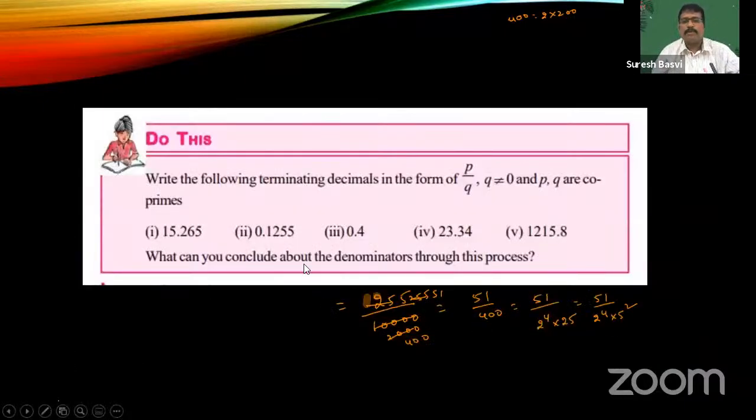So next 0.4. 0.4 is nothing but 4 by 10. That is 2 by 5.